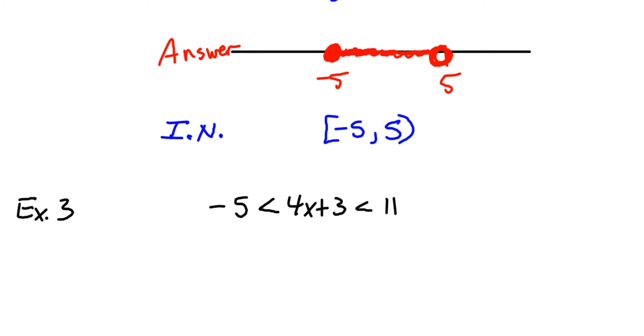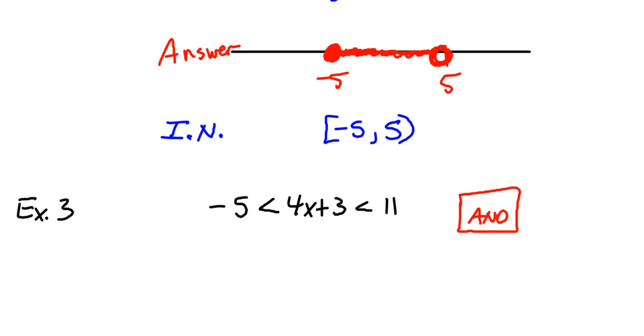But here's basically where you can think about it. If they don't tell you what it is, that means it's an and statement. Because it's -5 is less than 4x plus 3, and at the same time, 4x plus 3 is less than 11. So the 4x plus 3 goes with both the left and the right sides of it.